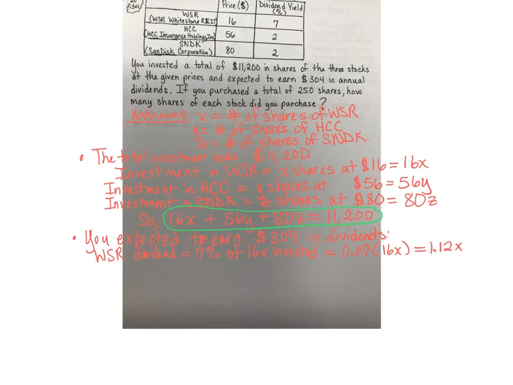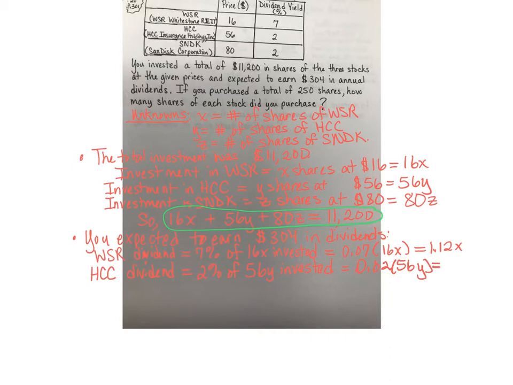Okay? And now we can talk about our HCC dividend. And if you look back up at your table and the dividend yield for HCC, that was 2%. Now we're talking about our HCC. The investment for our HCC was 56Y. So we're going to use that here. So 2% of 56Y invested is equal to 0.02 times 56Y.